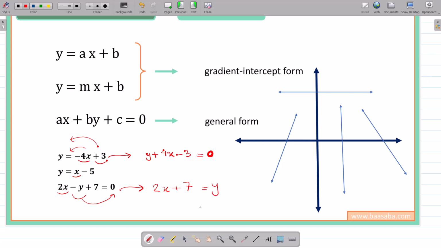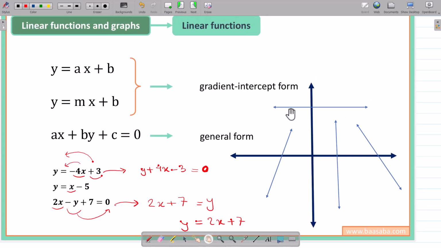For example, here I write the equation symbol. Y is on the left side. I'm going to write it on the right side. 2x plus 7 is on the left side. I'm going to write it on the right side. Here is our equation transformed from general form into gradient intercept form.